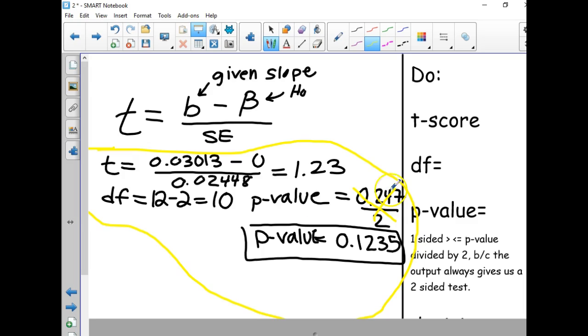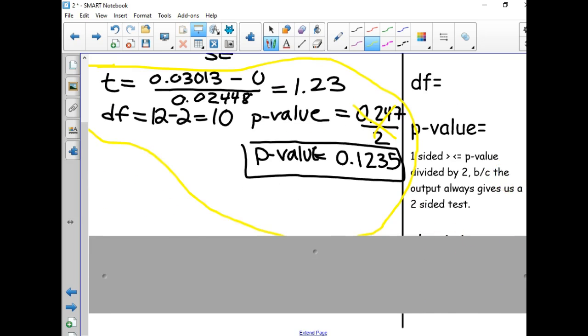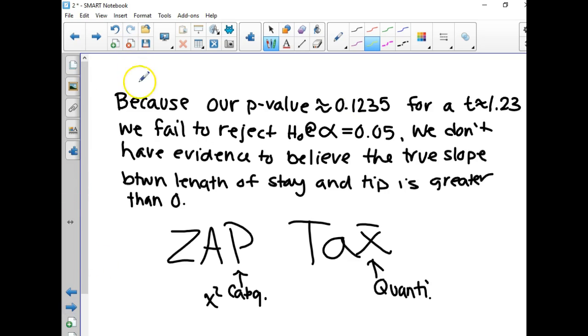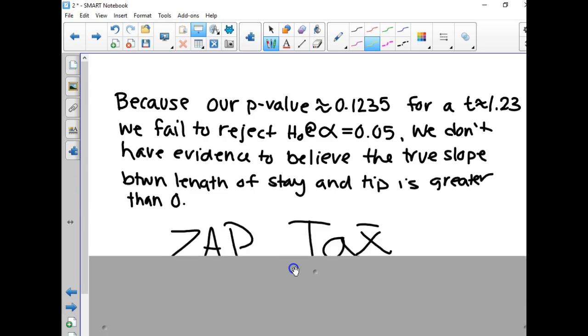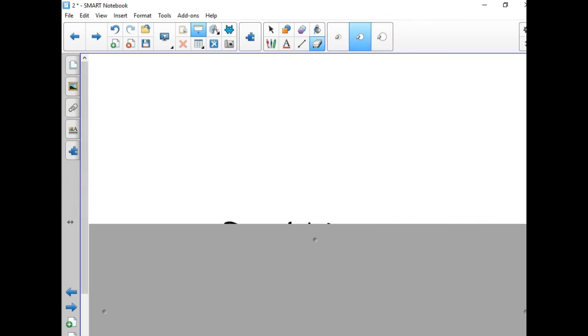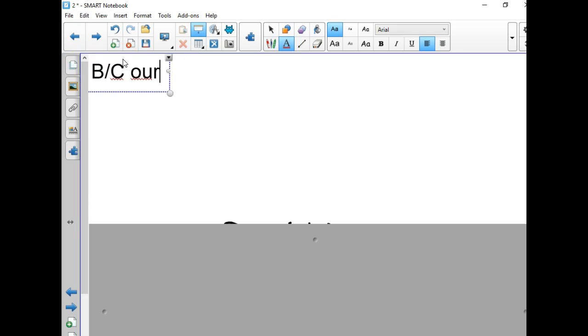All right, and then finally, this is our grand finale here, our conclusion. Because our p-value is approximately 0.1235 for a t of approximately 1.23, we don't need to put that. I did that last year with the kids. Let's retype it the way I have it this year. Same conclusion as always.